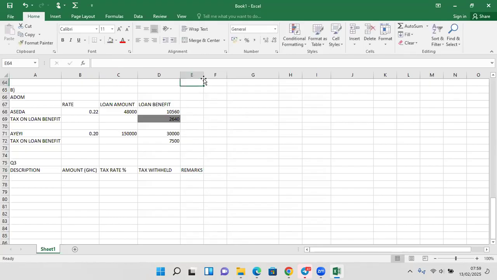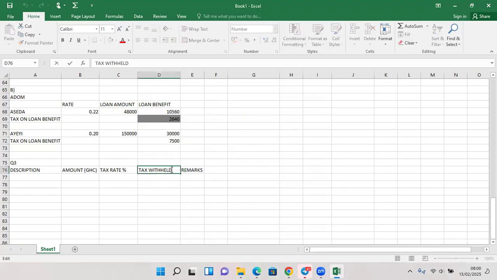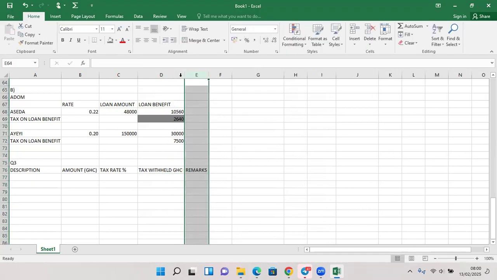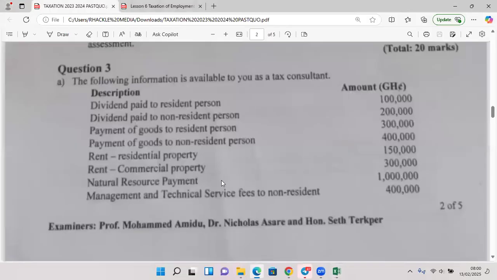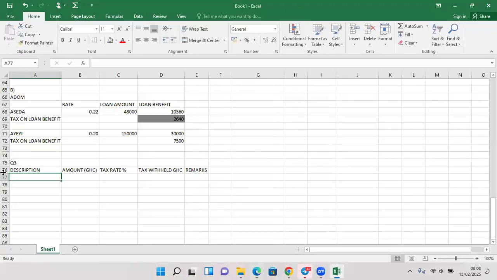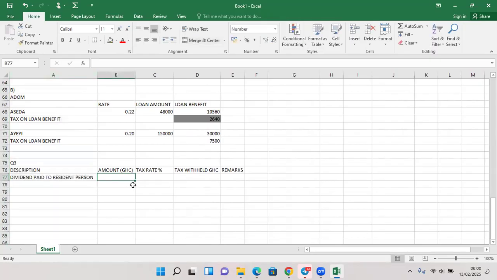Remarks. All right, so description, let's start with the first one. The first one is what? Dividend paid to resident person. The amount is 100,000.